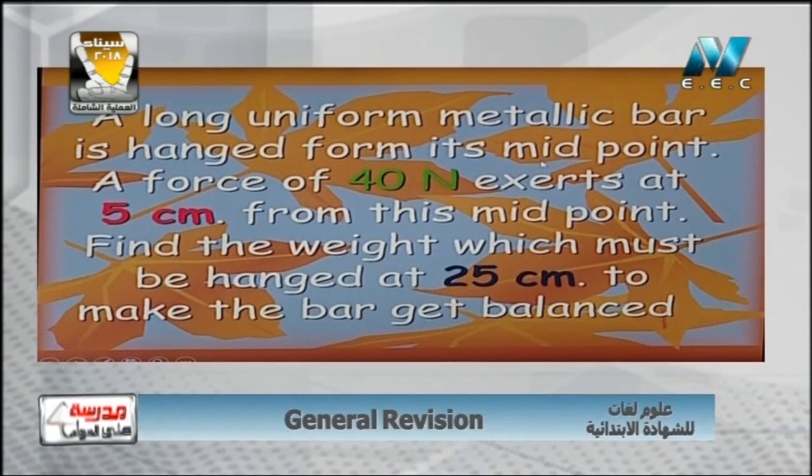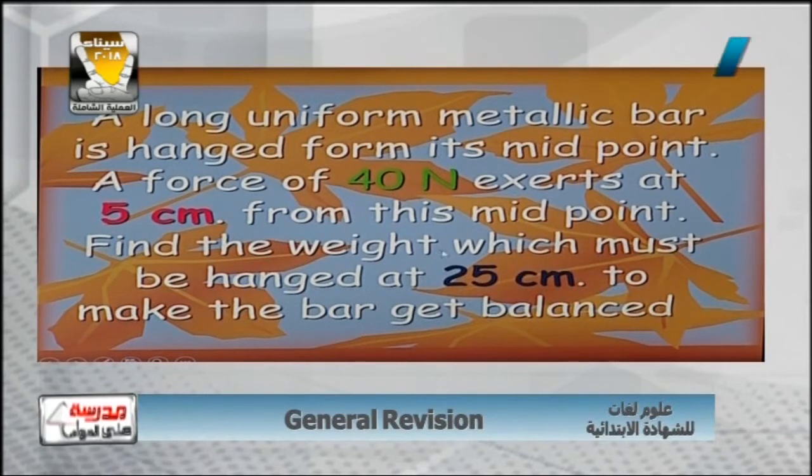عندنا مسألة تانية بيقول لي: a long uniform metallic bar is hanged, متعلق, from its midpoint. A force of 400 Newton exerts, يعني قوة هبذلها, at 5 centimeters from this midpoint.